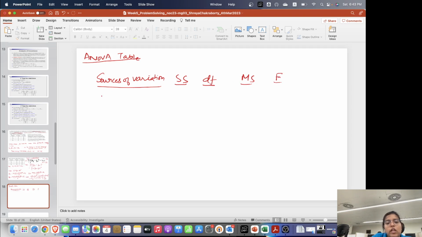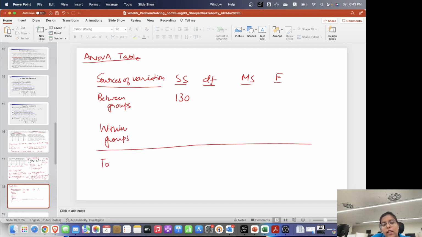So source of variation between groups, the sum of squares is coming out to be 130. Within groups, we don't know yet, and the total came out to be 240, right?